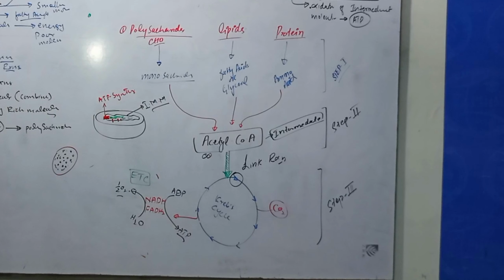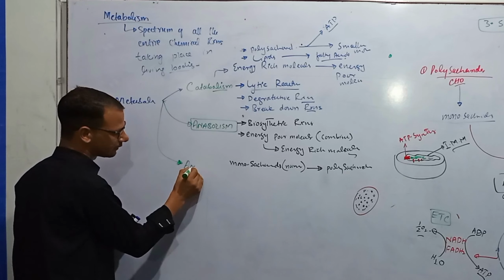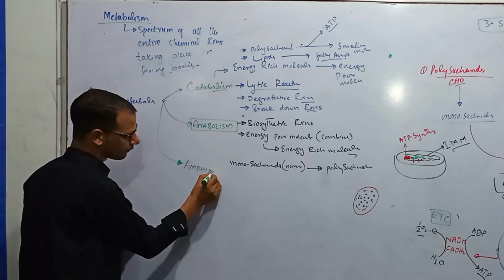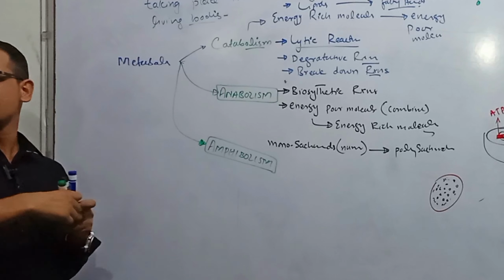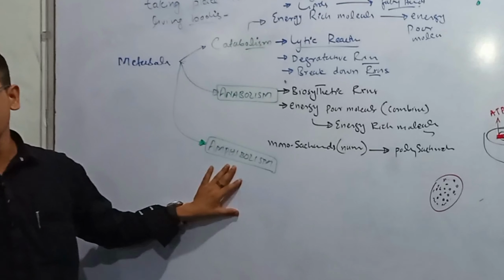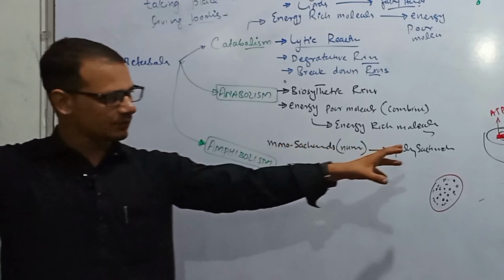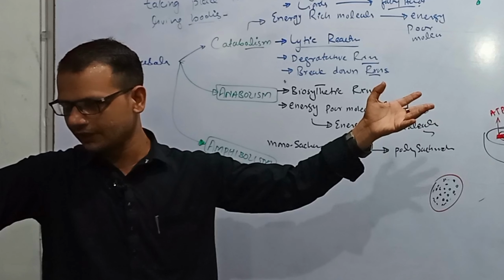The third one is amphibolism. For understanding the catabolic and anabolic reactions, this amphibolism is very important, because without these intermediate molecules we cannot fully understand the catabolic and anabolic pathways in the body.